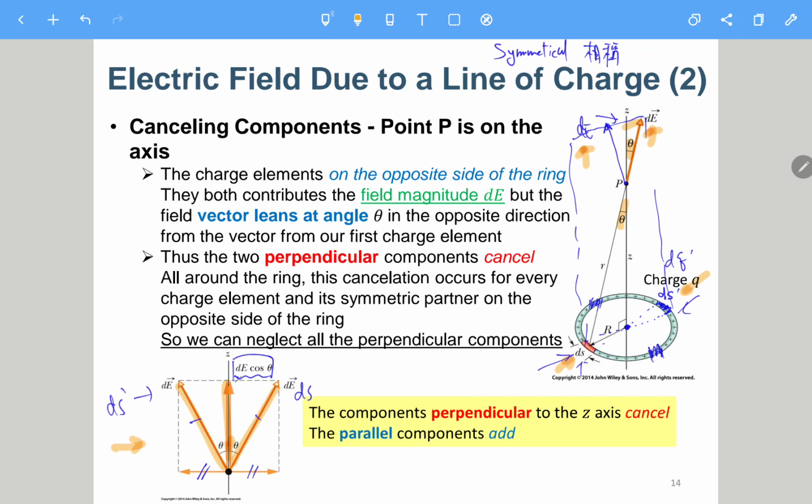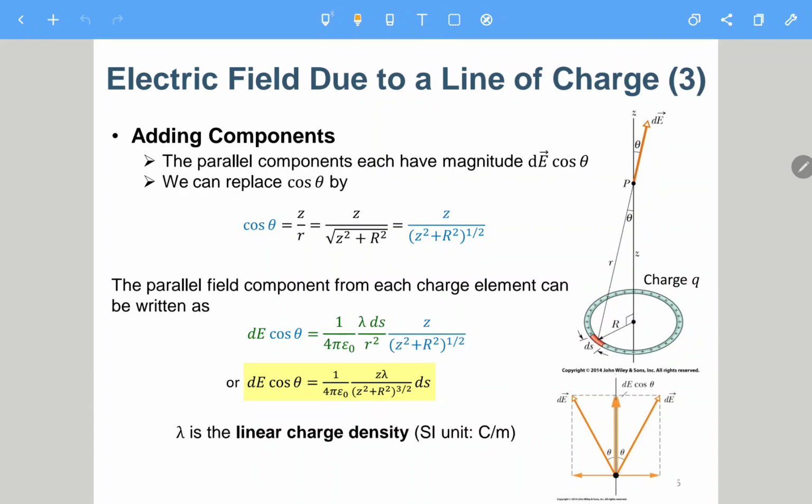This is theta. Okay, so after the cancellation, we know that we only need to deal with the vertical component. The next step is to add all the vertical components throughout the whole ring. So the parallel components each have magnitude dE cosine theta. Of course, we need to do the integration, and we need to substitute some known variables.